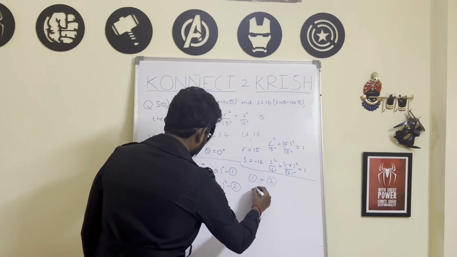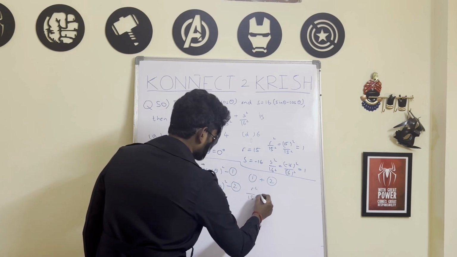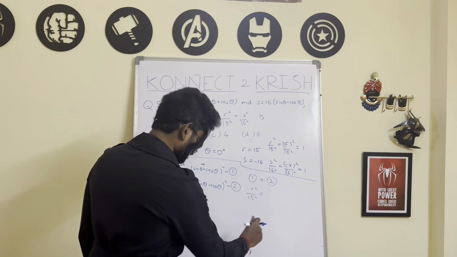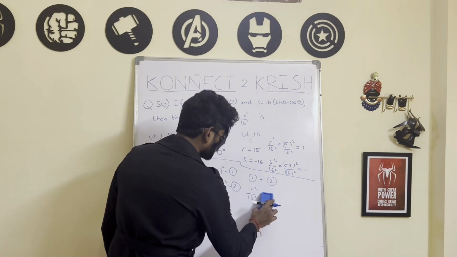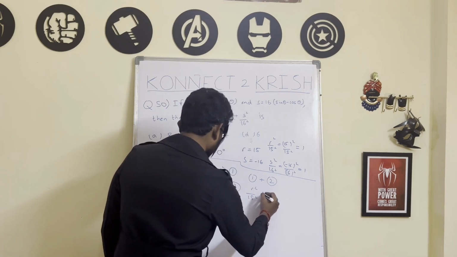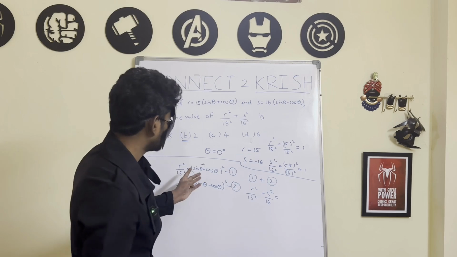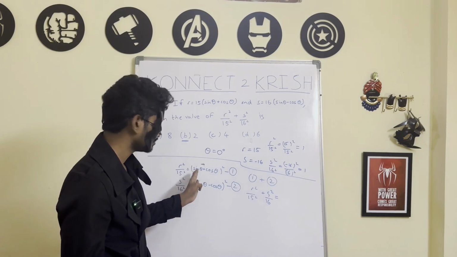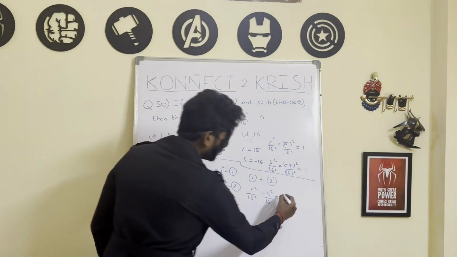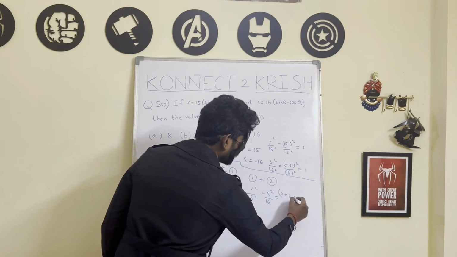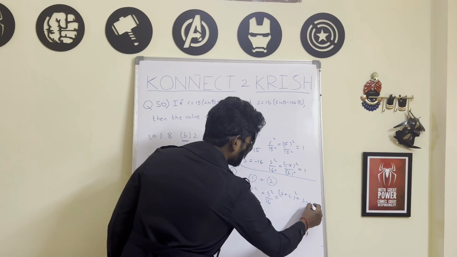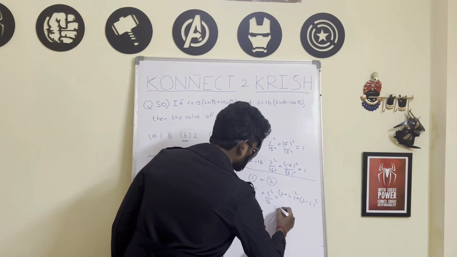We will get R square by 15 square plus S square by 16 square, which is nothing but, denoting it in short form, (s plus c) whole square plus (s minus c) whole square.